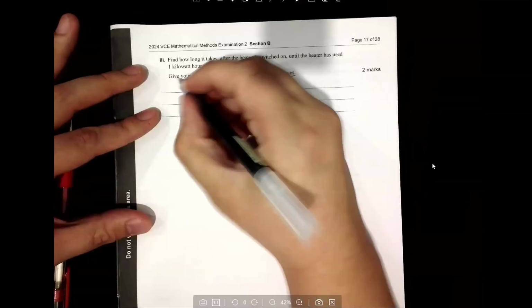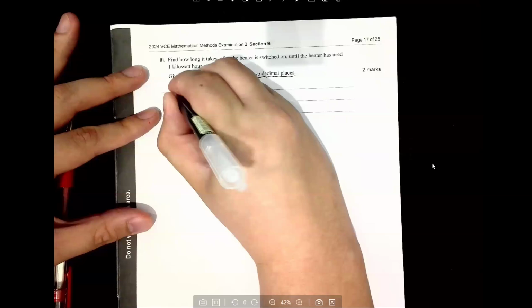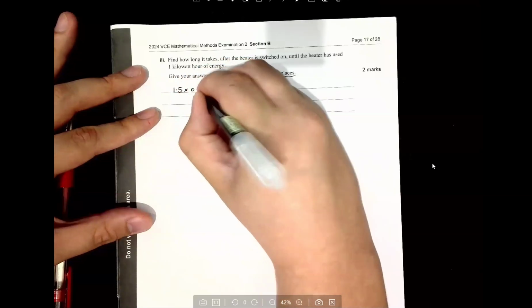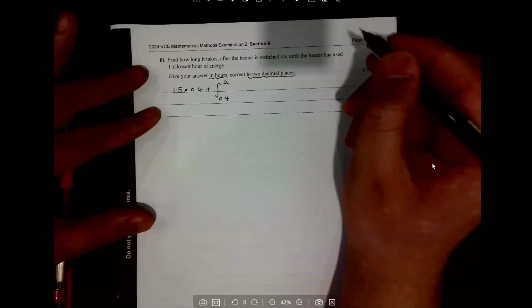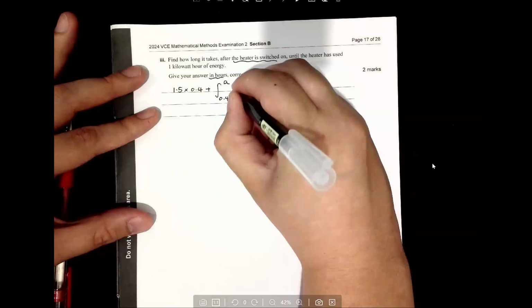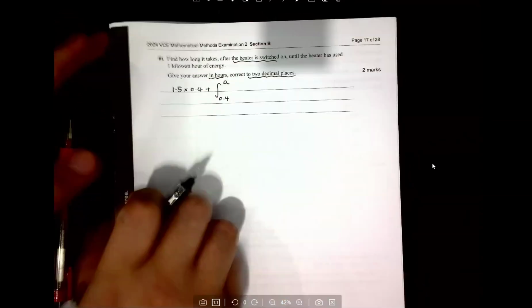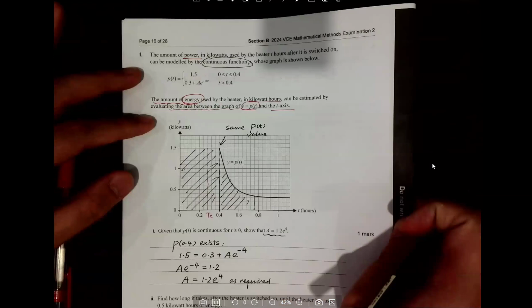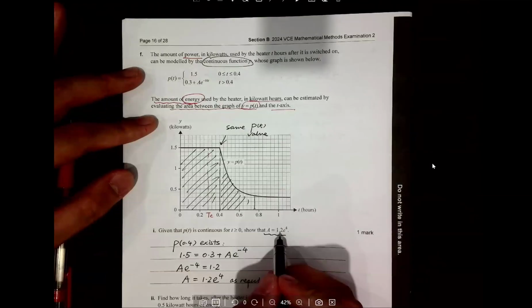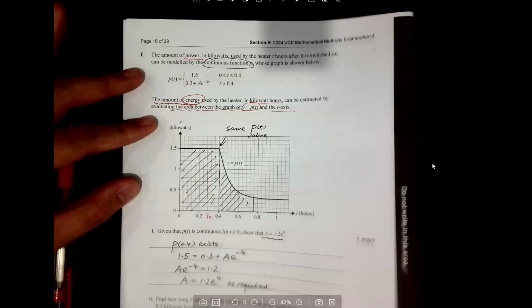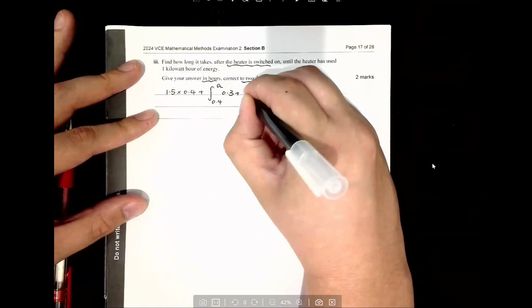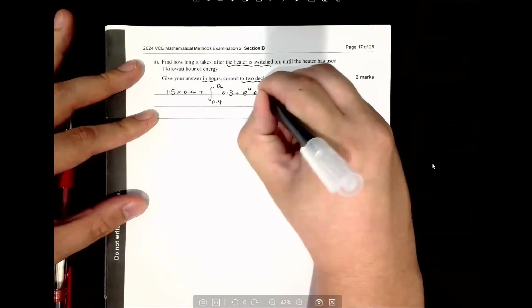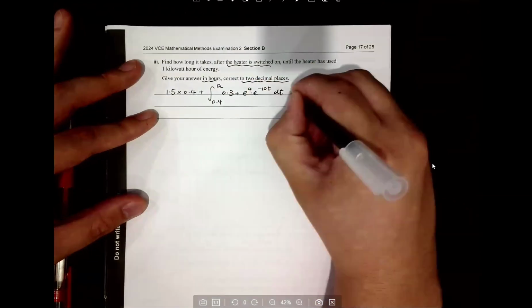Okay, use the diagram. That's why you need to form an integration. So 1.5 times 0.4 plus, from t equals 0.4 to a time a after the heater is switched on, we say the equation was 0.3 plus this a value times e to the power minus 10t, so 0.3 plus e to the power 4 times e to the power minus 10t dt equals 1.